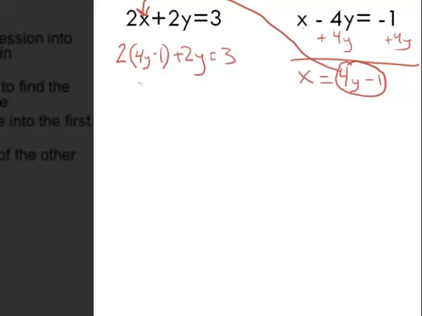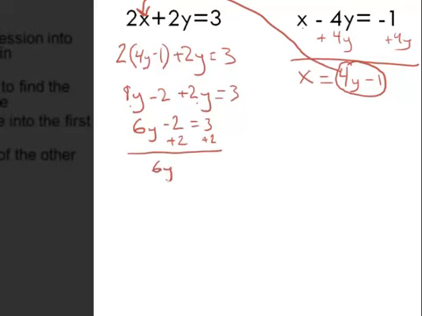And step 3 now is to solve this. 2 times 4y is 8y minus 2 plus 2y equals 3. And I can combine the y's to give me 6y minus 2 equals 3. I'll add 2 to both sides, and 6y is equal to 5.